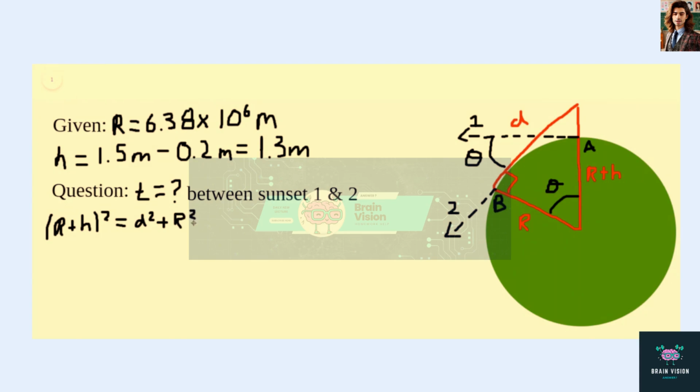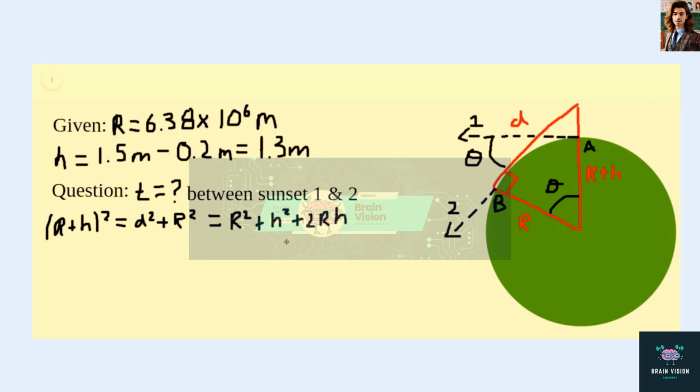Okay, but we can go ahead and carry out the square of r plus h. If we do that, we have r squared plus h squared plus 2rh. That's from carrying out the square of r plus h.